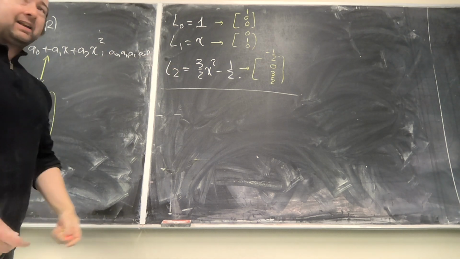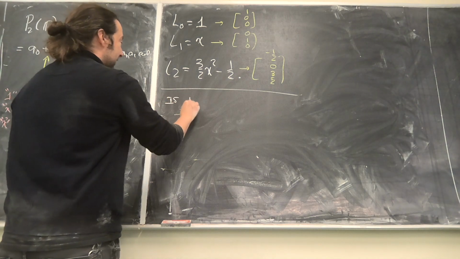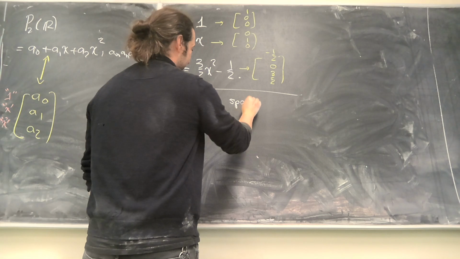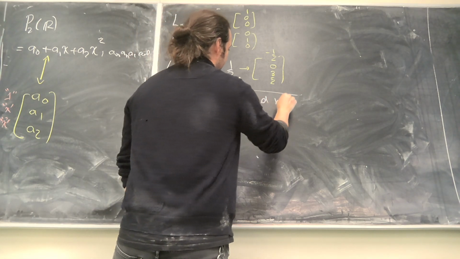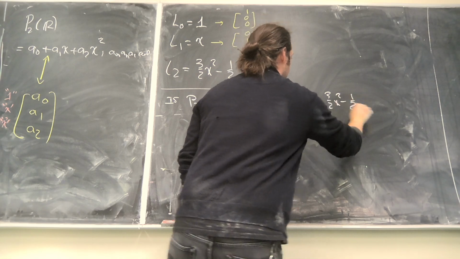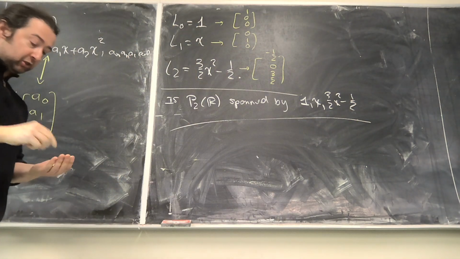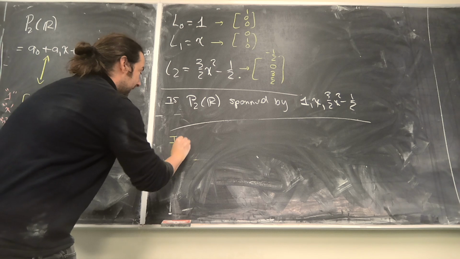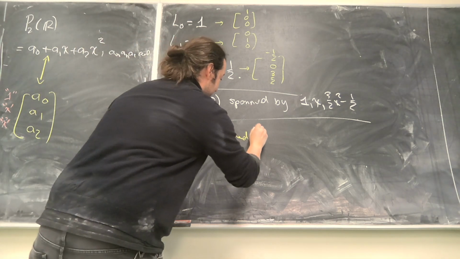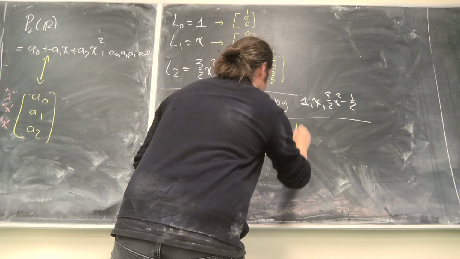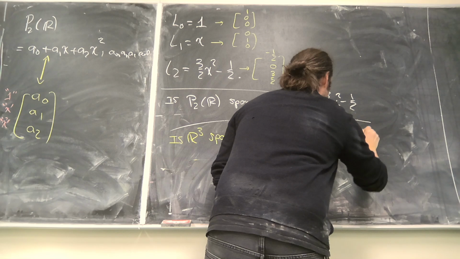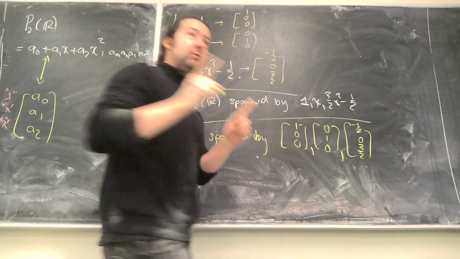And so to ask whether P2 of R is spanned by 1, x, and 3/2 x squared minus 1/2 is literally the same question as asking whether R3 is spanned by (1, 0, 0), (0, 1, 0), (-1/2, 0, 3/2). They are the same question.